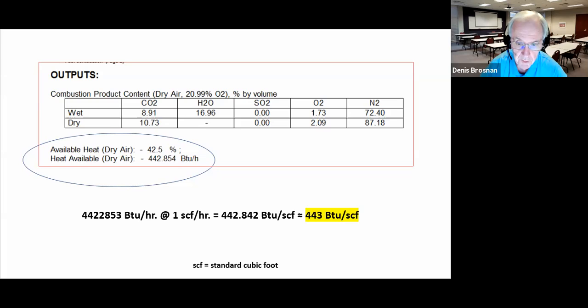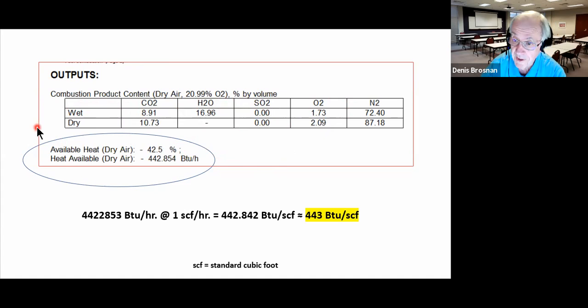Now the output, in brief, once you do the calculation in the fuel combustion utility, it's going to give you an output, and it predicts the composition of the flue gases. It predicts them on a wet weight basis. Okay, CO2, water, sulfur dioxide, oxygen, nitrogen as N2.